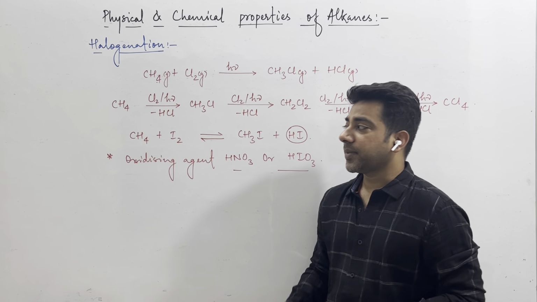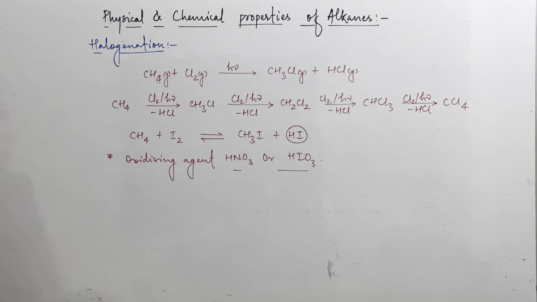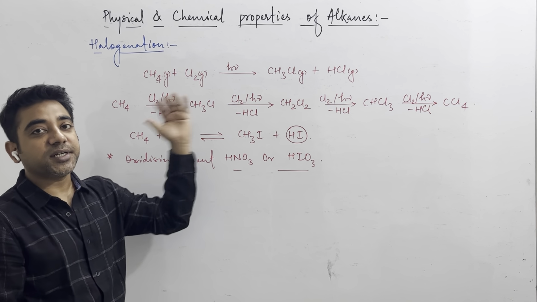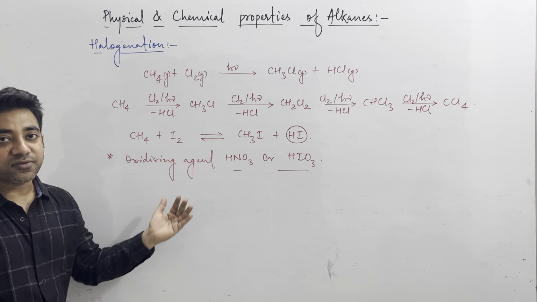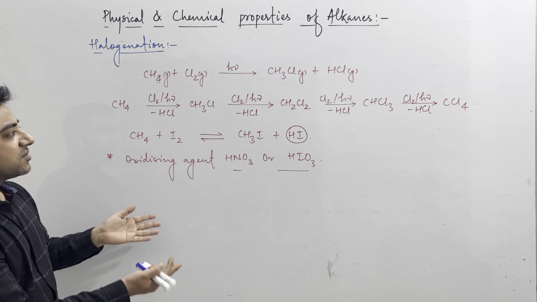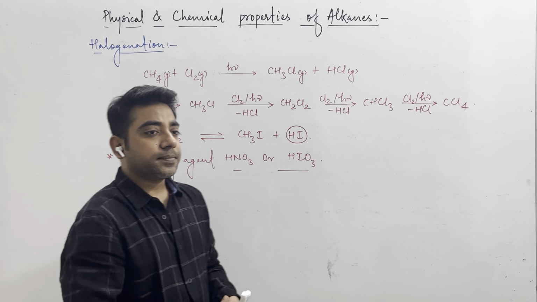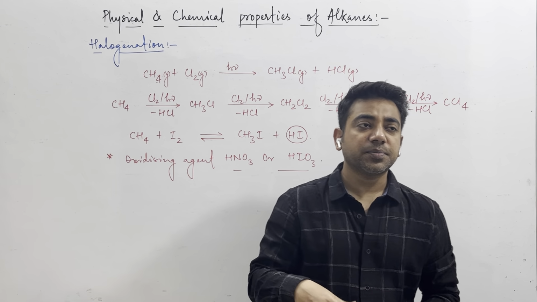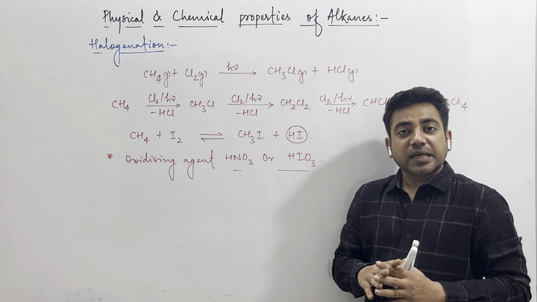Okay. Now talking about the mechanism of this reaction, as I said, this is a chain reaction. Here the reaction actually proceeds by free radical formation. So let's see how this reaction proceeds. Although the mechanism for this part was deleted the previous year, this year it is not clearly mentioned.